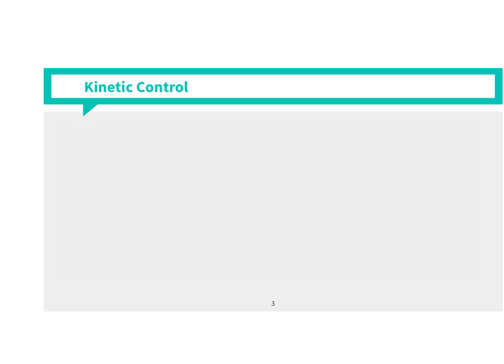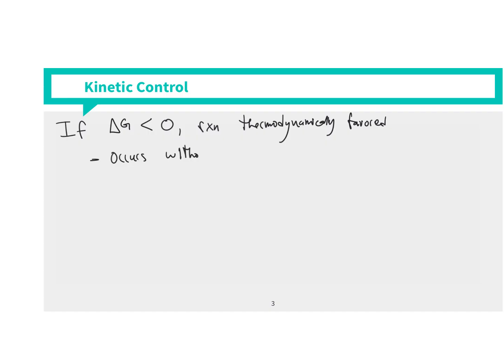So we know from the previous lesson, if delta G is less than 0, that means that a reaction is thermodynamically favored. In other words, it occurs without an additional force.